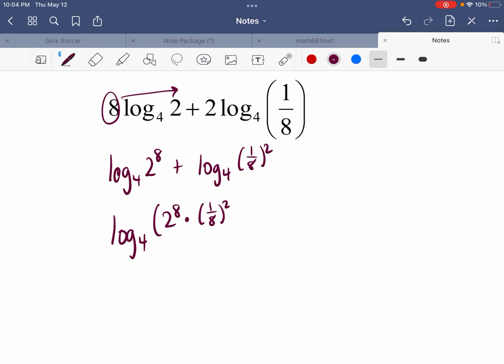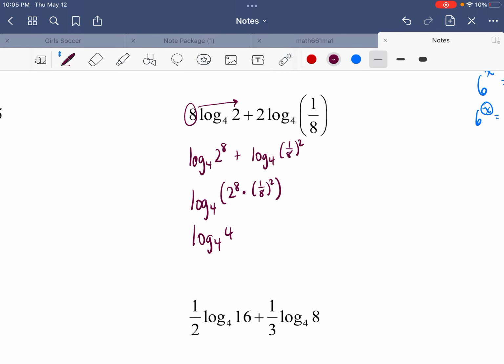We can get it to a single logarithm. And then if you type that into your calculator, 2 to the 8 multiplied by 1/8 squared, you actually get log base 4 of 4. And from before, if you have the same base as the argument, this must simplify to 1.